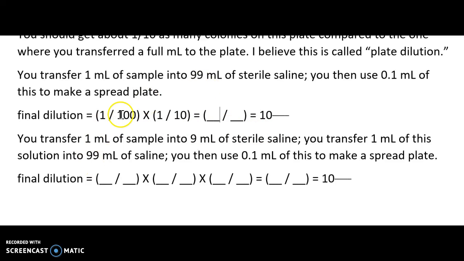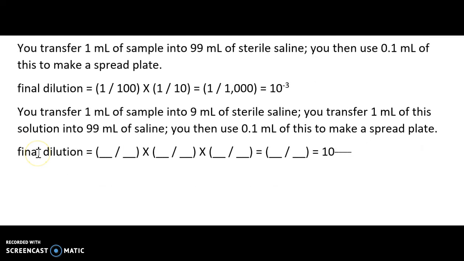So the product of those two fractions is 1 over 1,000. And that, as you remember, is 10 to the minus 3.